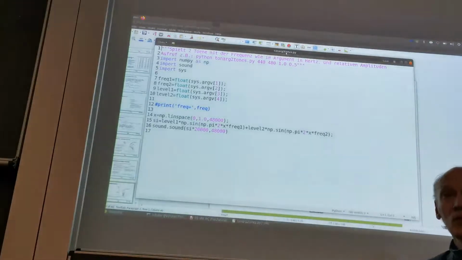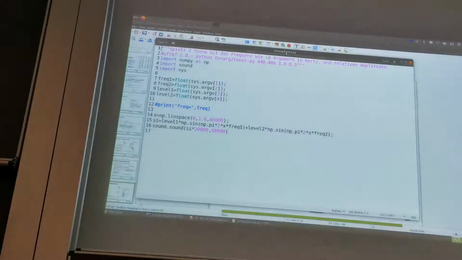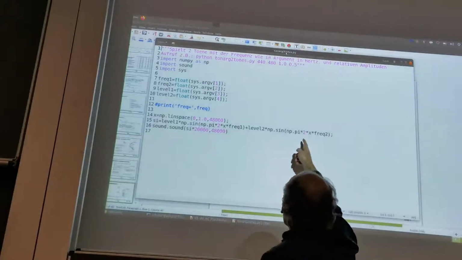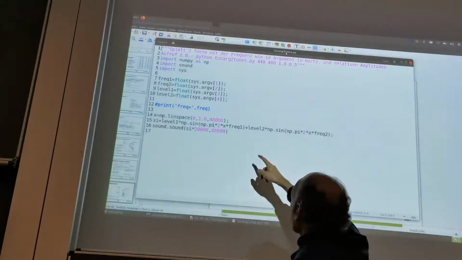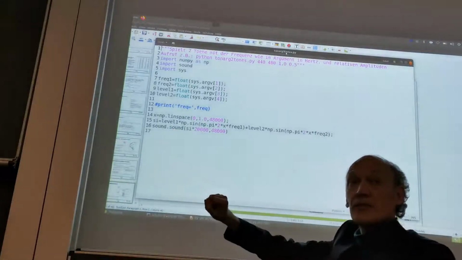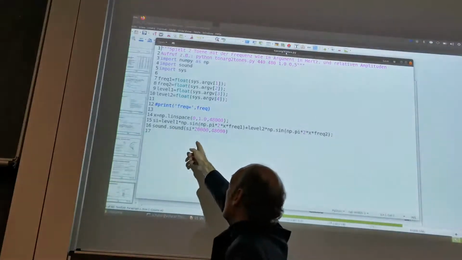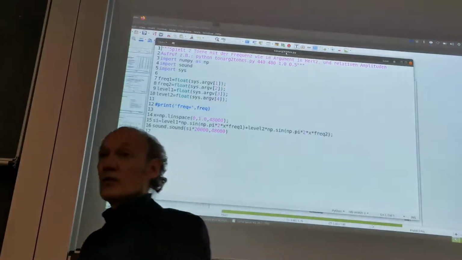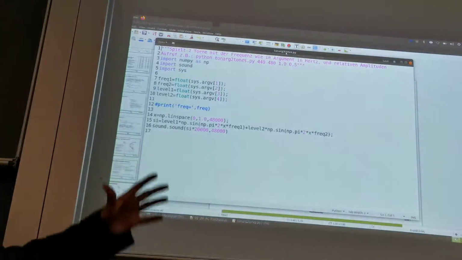This is a number of cycles per second, plus the same for another sinusoid. I multiply each by the corresponding levels, and after adding them, I play back to the sound card. Does it make sense?